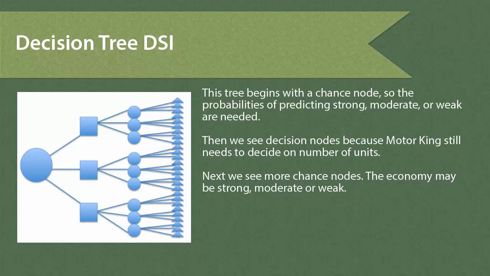Because even if DSI predicts strong and the Motor King Corporation decides on 100K, we next need to consider what's actually going to happen. Just because DSI predicts strong and Motor King decides on 100K, the economy still could be, given those conditions, either strong, moderate, or weak.